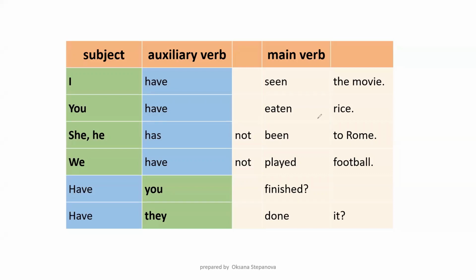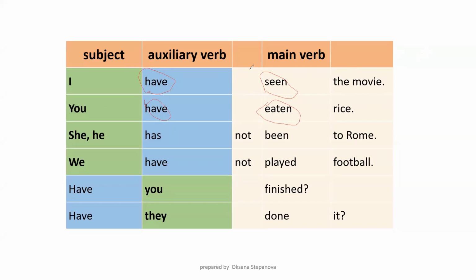All right, guys. Let's go one more time in some more detail on how we make negative sentences and question sentences. I have seen the movie. This is an affirmative sentence. You have eaten rice. Have eaten. This is your present perfect, past participle, irregular verbs.